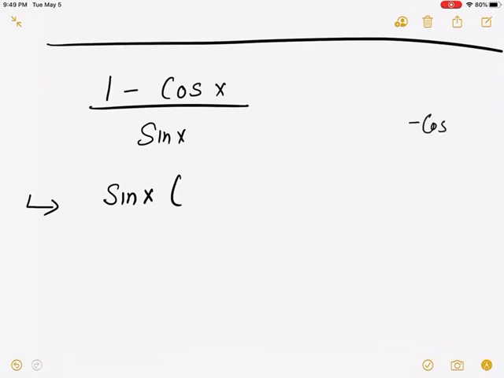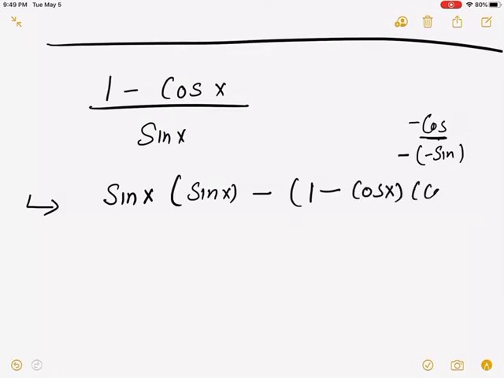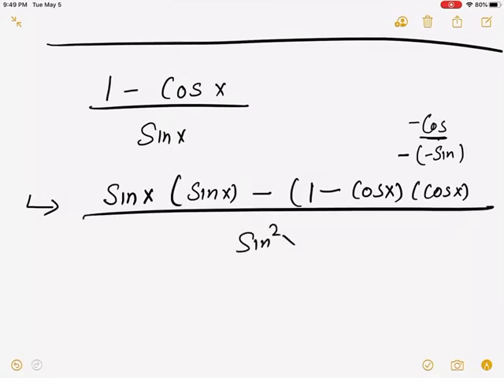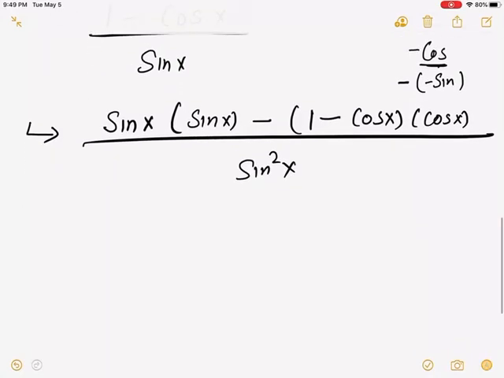If I take the derivative of negative cosine, the negative stays the same, and the derivative of cosine would be negative sine, which eventually becomes positive sine x. Then I have minus. Now the top one stays the same, times the derivative of the bottom one, which is cosine x, all over sine squared x. Now I'm done applying the quotient rule.